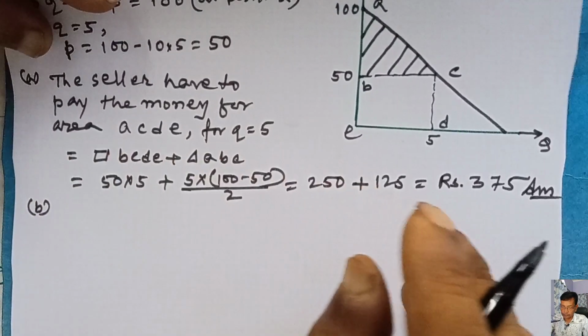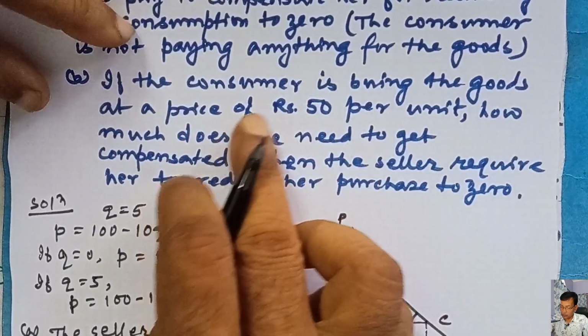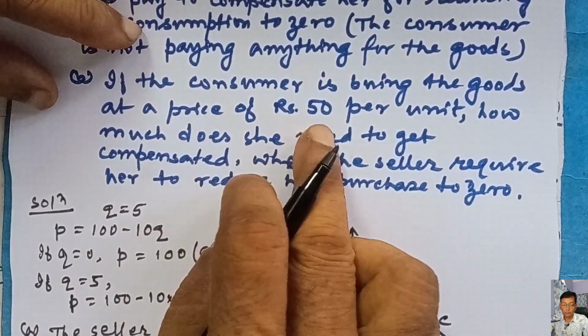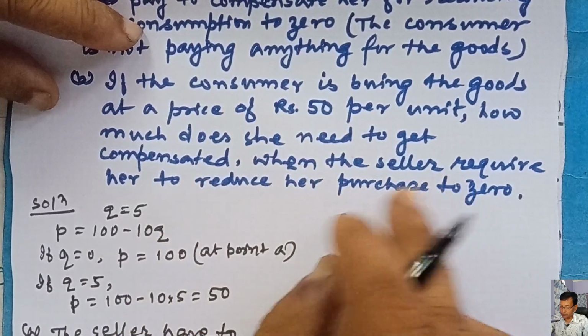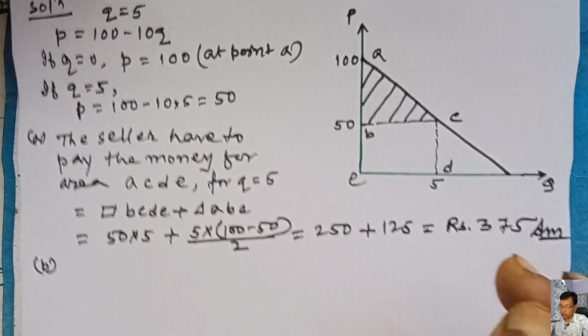For B, if the consumer is buying the goods at a price of rupees 50 per unit, how much does she need to get compensated when the seller requires her to reduce her purchase to 0?